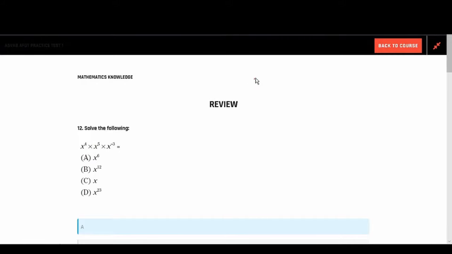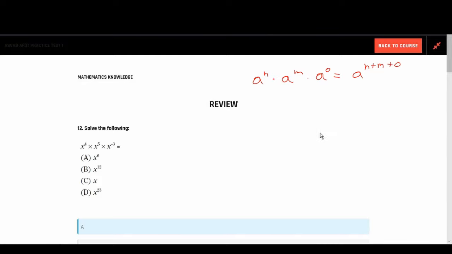That would be this rule: a to the n times a to the m times a to the o. Whenever you multiply exponents that have the same base but different exponents, you simply add the exponents. So this would become a to the n plus m plus o.